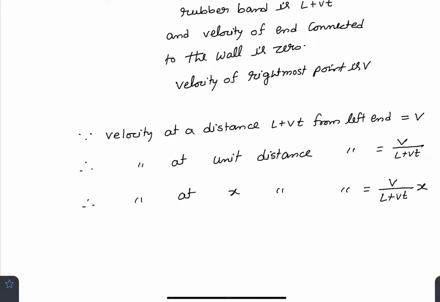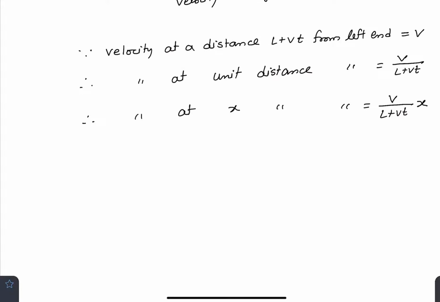Now the point is, why have we calculated the velocity at a distance x? We have calculated it because the position of the ant is variable, and after this step we are going to assume that the position of the ant at any time t is at a distance x from the fixed end.